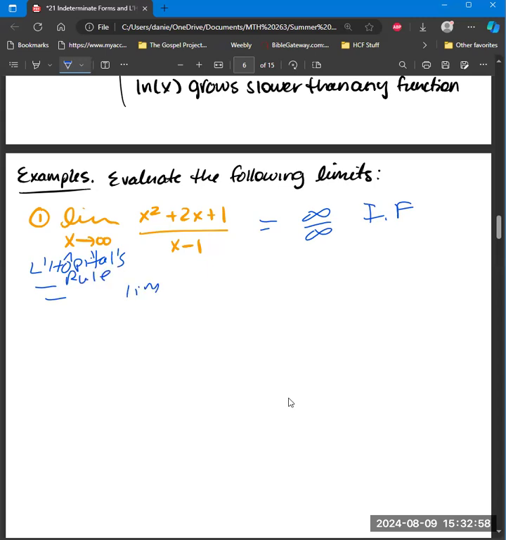Say that this is the limit as x goes to infinity of (2x plus 2) over 1, which approaches infinity over 1, which is infinity. And that's what we expected because the top grows faster. Just say it like this. I won't do it like I did direct substitution. I'll say this is the limit as x goes to infinity of 2x plus 2, which is infinity.